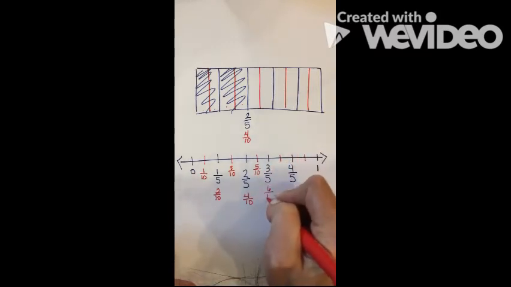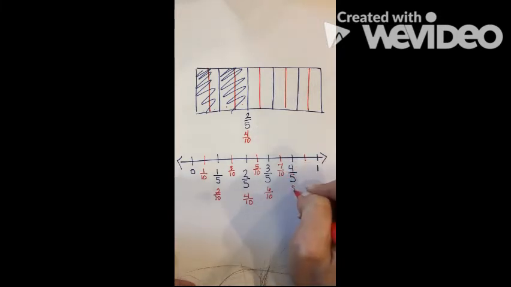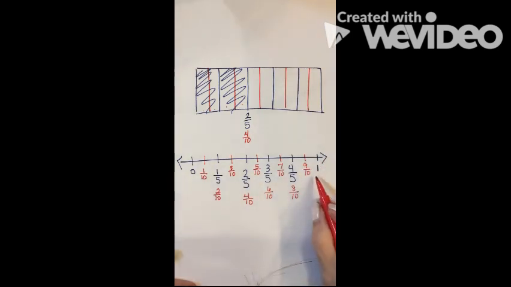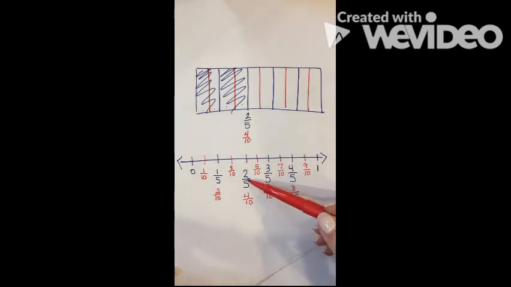This would be 6/10, 7/10, 8/10 or 4/5, 9/10, and then last but not least, 10/10 or 1 whole. Now, going back and looking at our number line, we can see that 4/10 is equivalent to 2/5, or 2/5 is equivalent to 4/10.